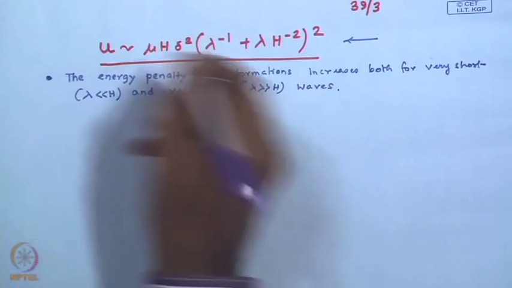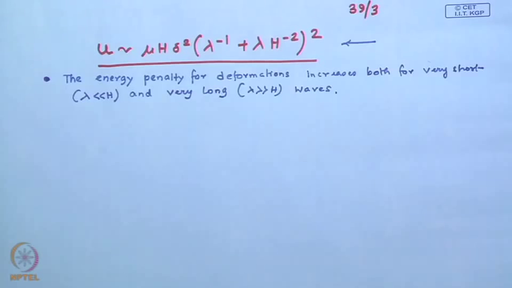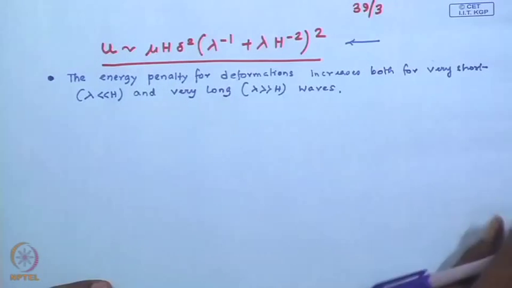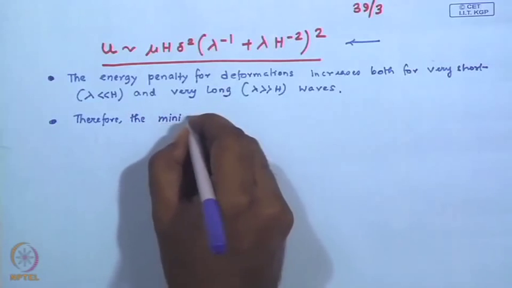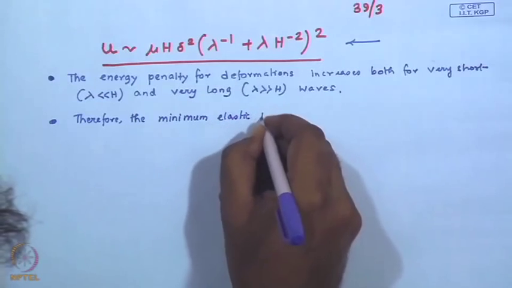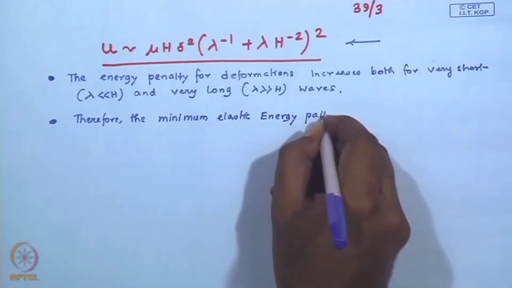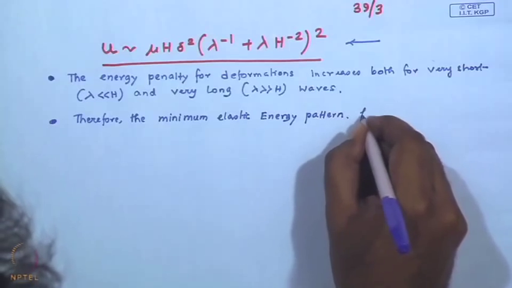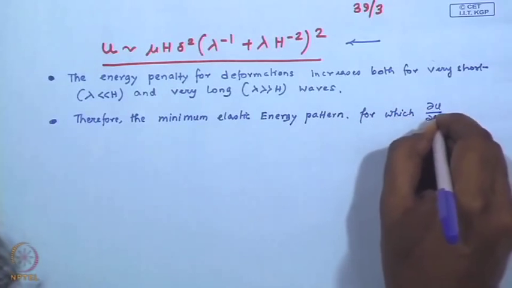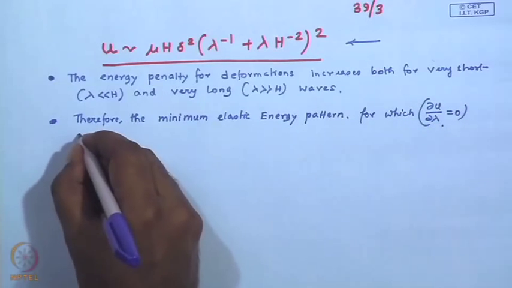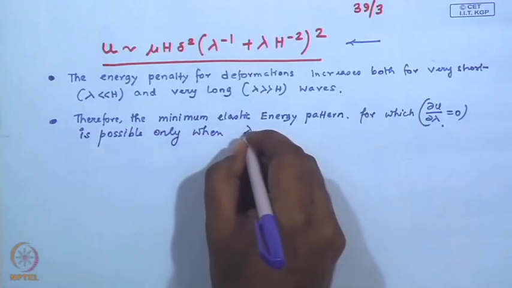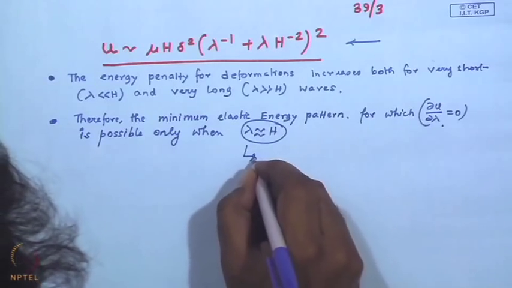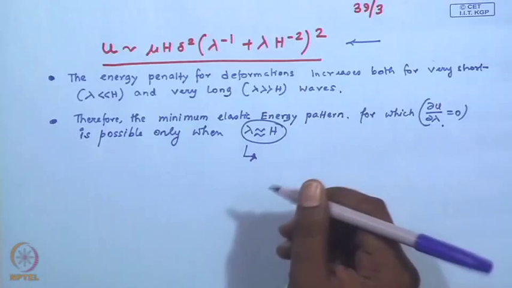Okay. So, because of the nonlinearity of the equation, if lambda is very short or lambda is very long, both ways u increases, and the minimum elastic energy pattern for which lambda is not equal to 0 and has a length scale is possible only when lambda is of the order of h, or the natural wavelength of instability is of the same order as h.